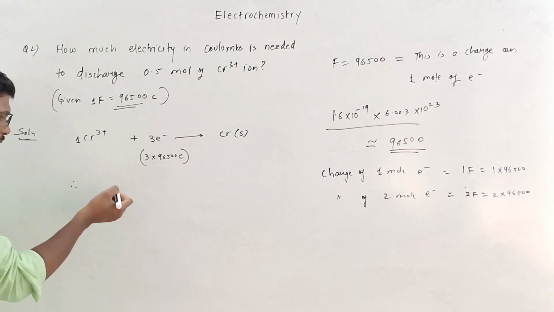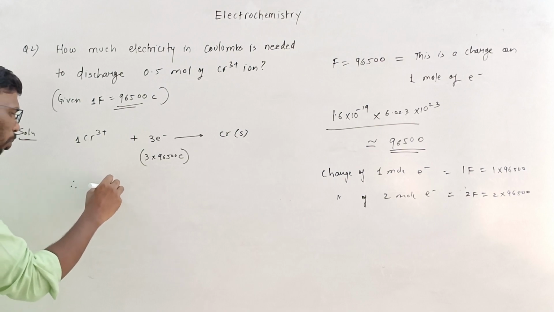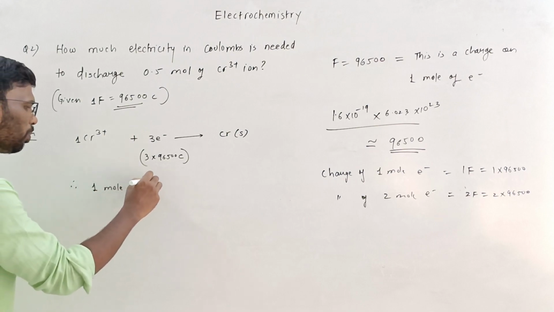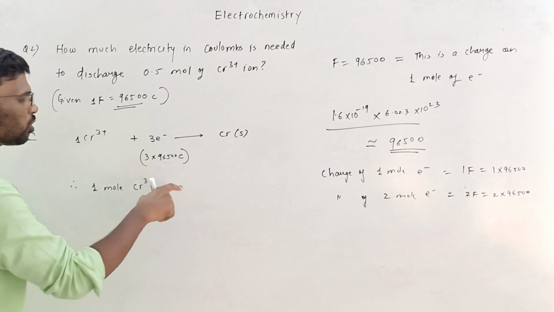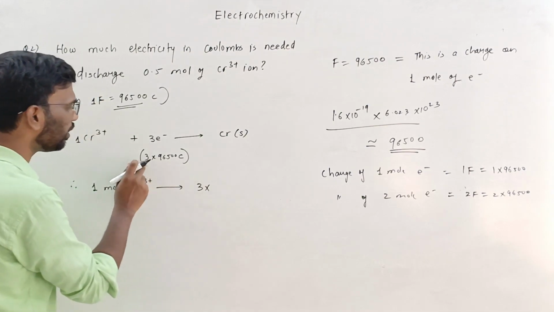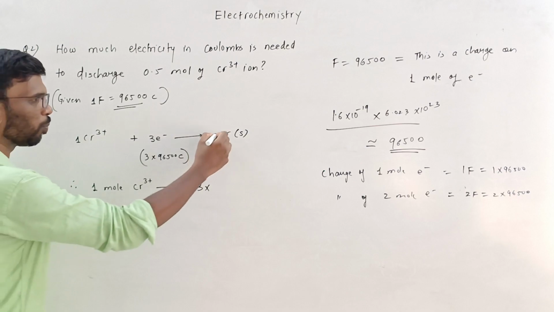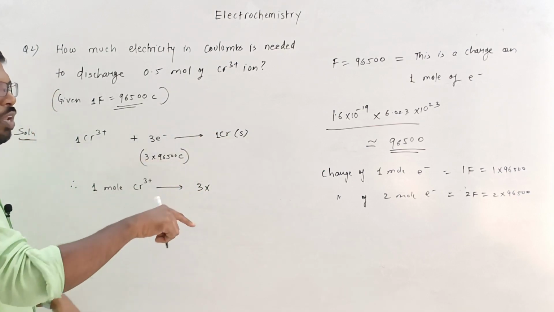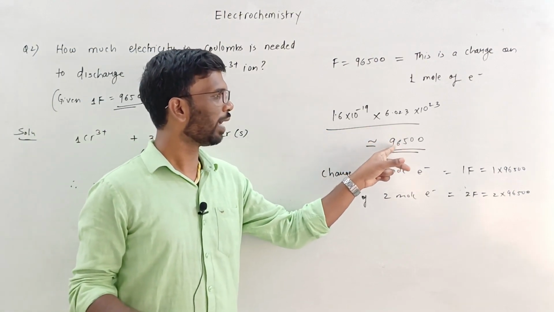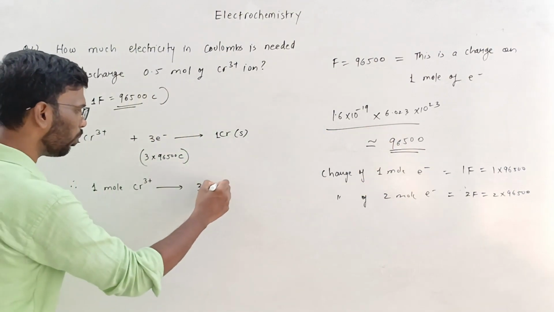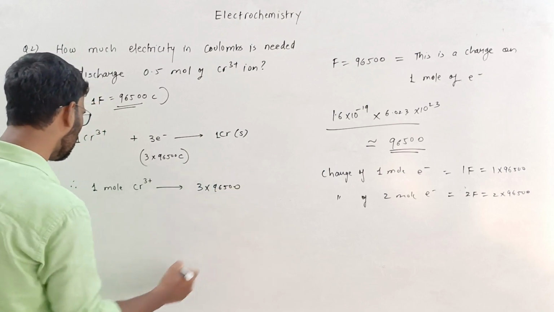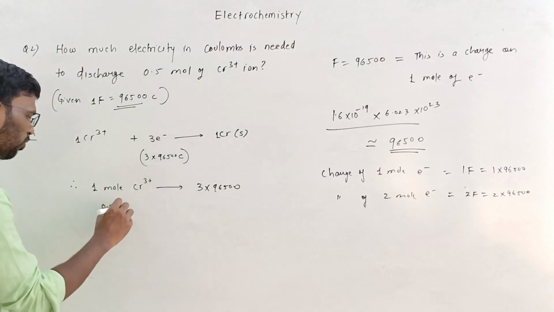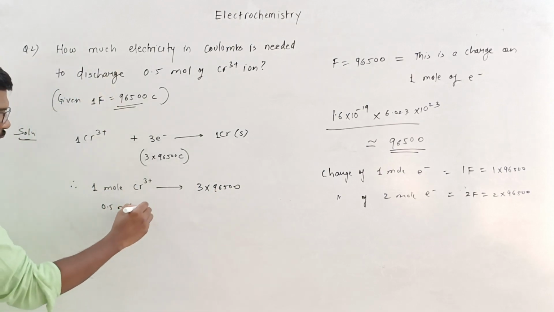So therefore what I write is, 1 mole of chromium 3 plus requires how much charge? Why 3? Because 3 moles of electron deposit 1 mole of this. So 3 into 96500. 1 mole is what? 96500. So 3 into 96500. So for 0.5 mole chromium, as per the question, is what?